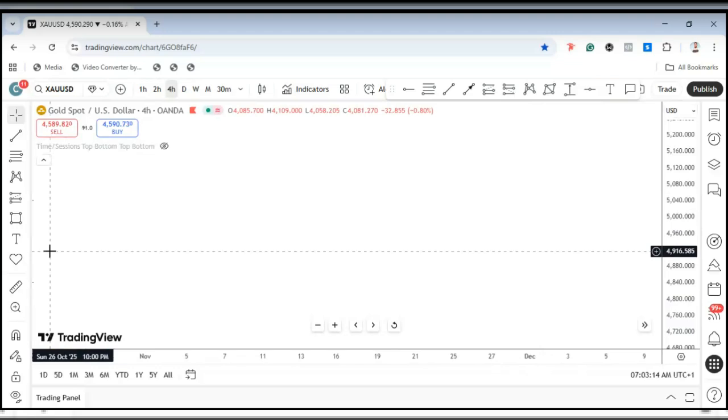Let's say a group of people are trying to buy 1,000 units of Euro USD, and there are only 500 units that are willing to be sold at that point in time.